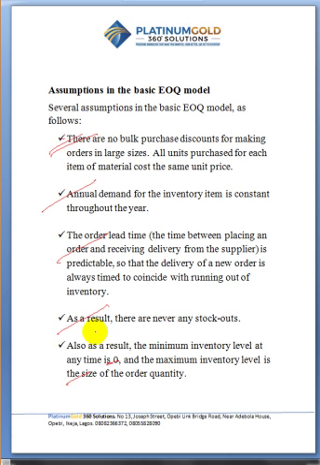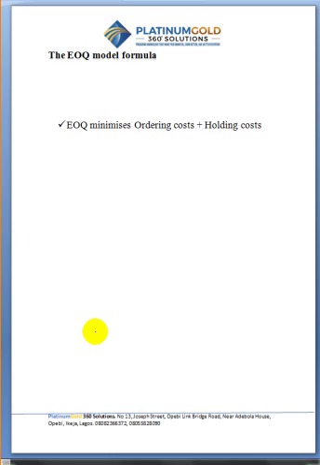Let's quickly proceed to look at the economic order quantity formula. If the price of material is the same, no matter what the size of the purchase order, the purchase order quantity that minimizes total cost is the quantity at which the ordering cost plus the cost of holding inventory are minimized.